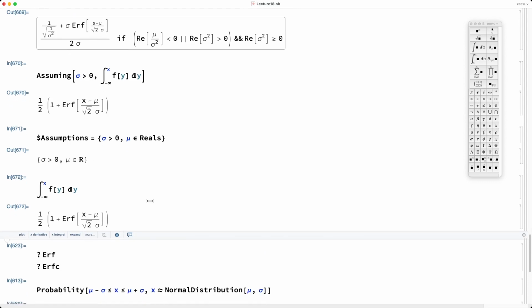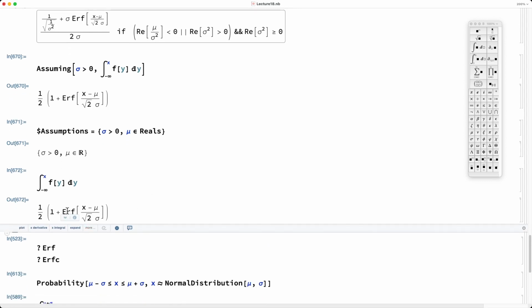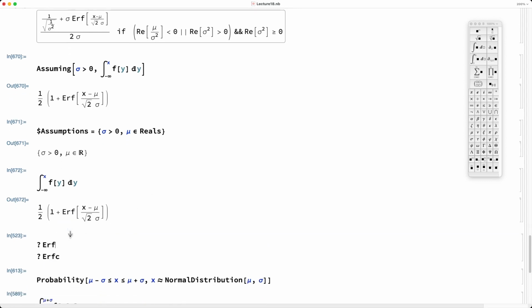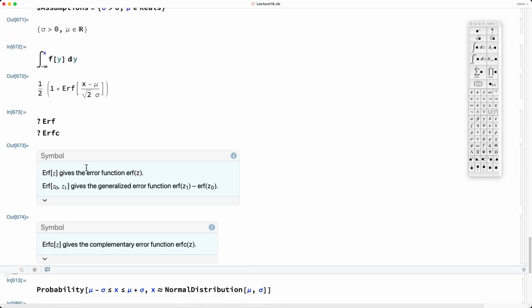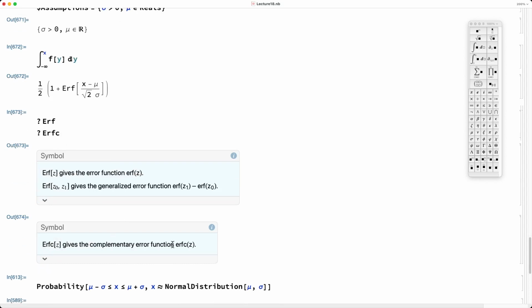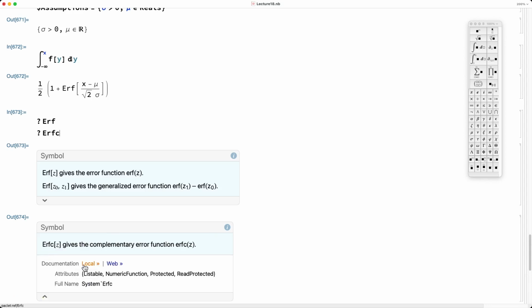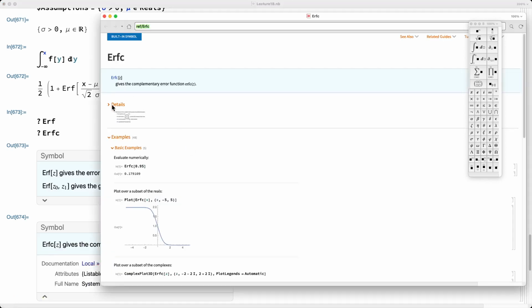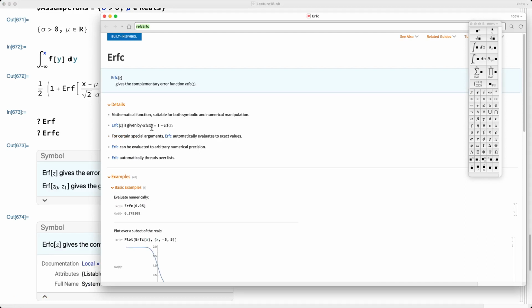And just remember this error function, we can use the help. So the error function is defined here, and Erfc is the complementary error function, and you can look at the documentation and the details and see that Erfc is 1 minus Erf.